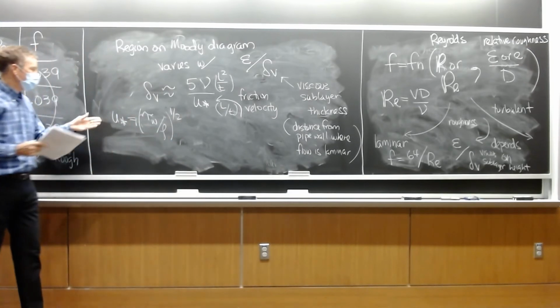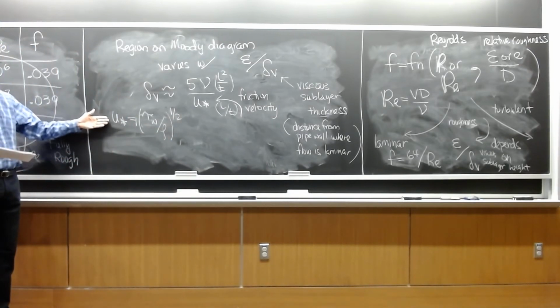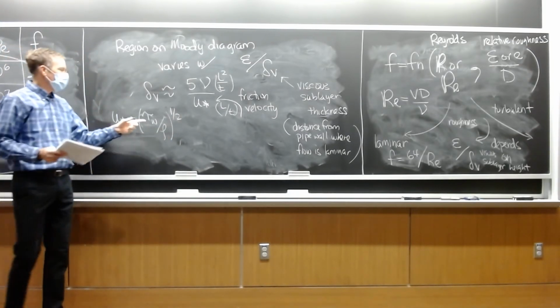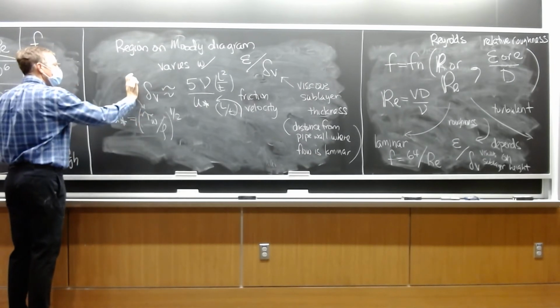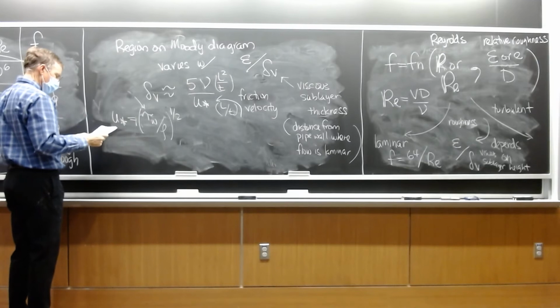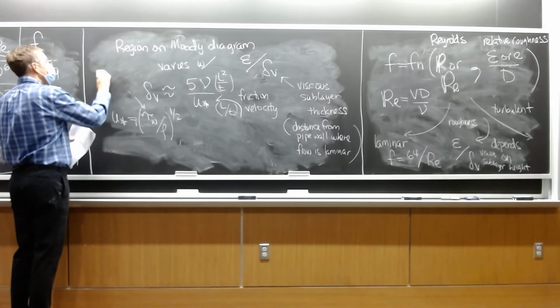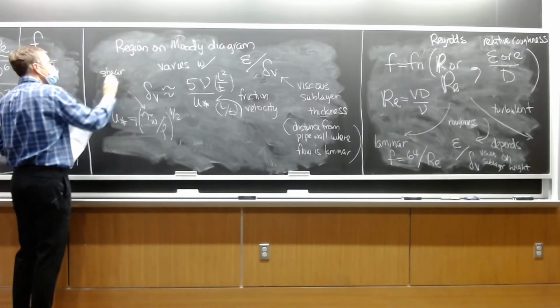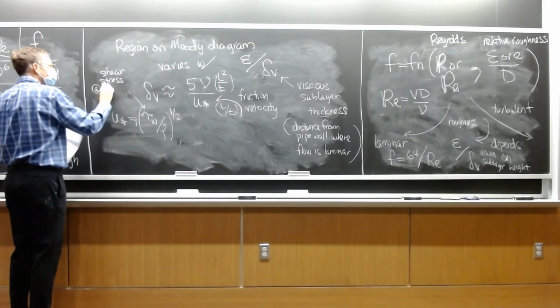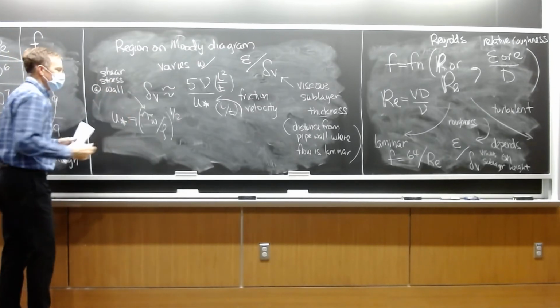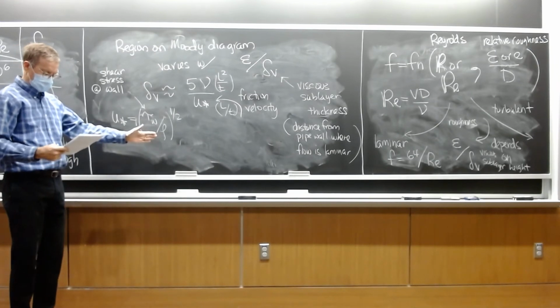The shear velocity or friction velocity is equal to the shear stress at the wall divided by the density.